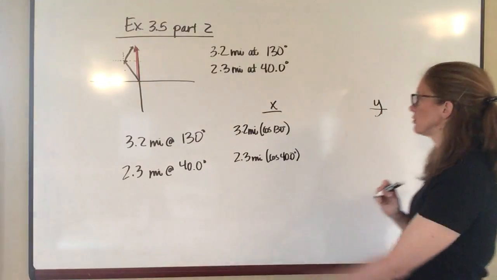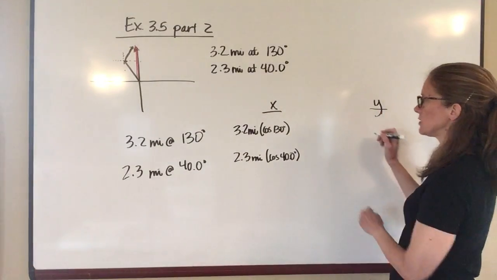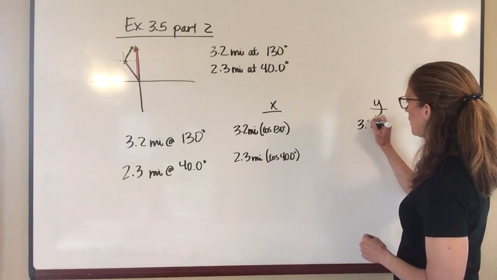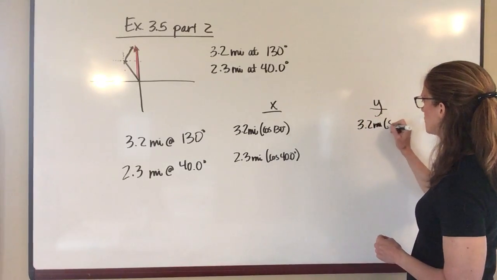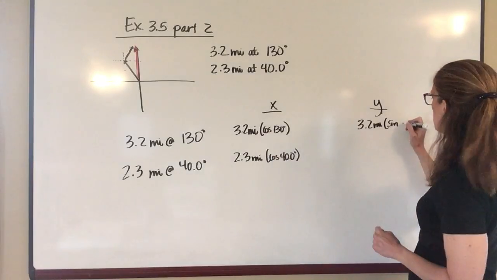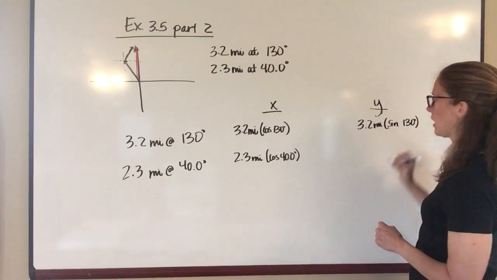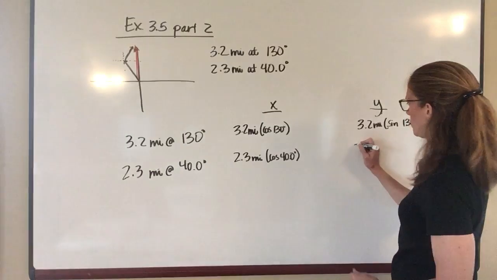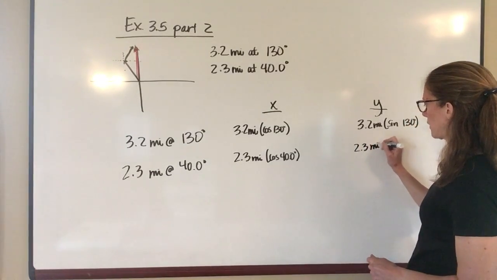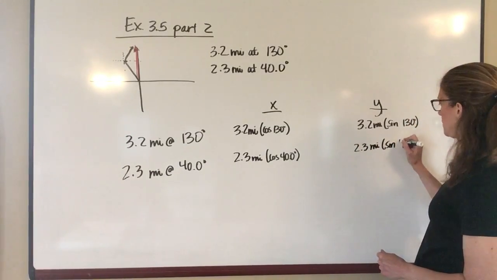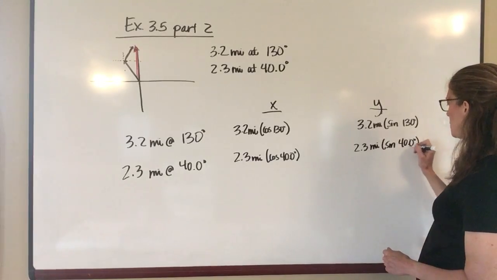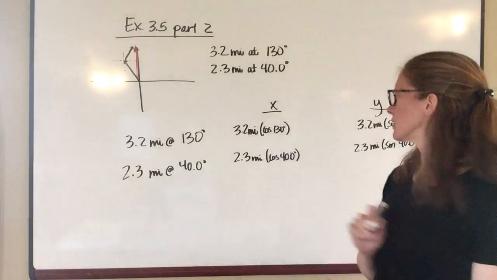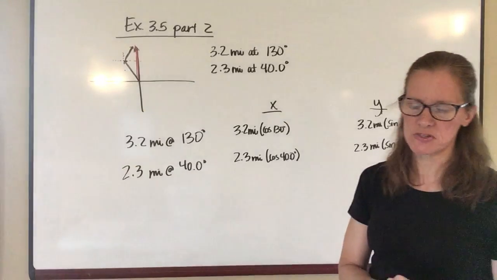We also learned that the y component is going to be the length of the vector, 3.2 miles, times the sine of the angle, which would be 130 degrees. And that means this one is going to be 2.3 miles times the sine of 40 degrees. Okay, so you can kind of see how I've got it set up as a table.